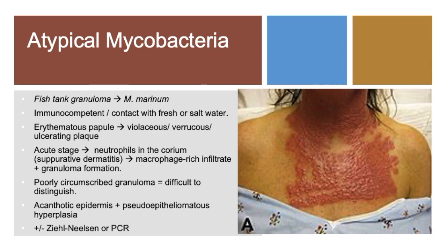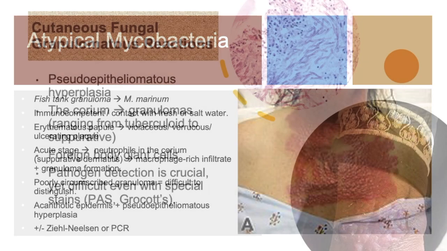However, the granuloma formation with a macrophage-rich infiltrate will help us to think about this diagnosis, in addition, of course, to the clinical history. PCR is recommended, especially for those mycobacteria, because it's hard to identify those on histology.